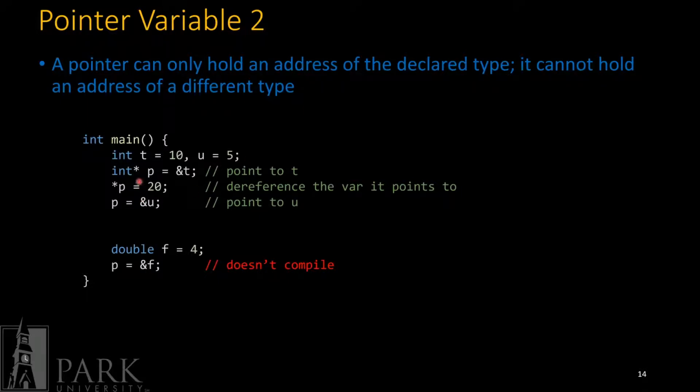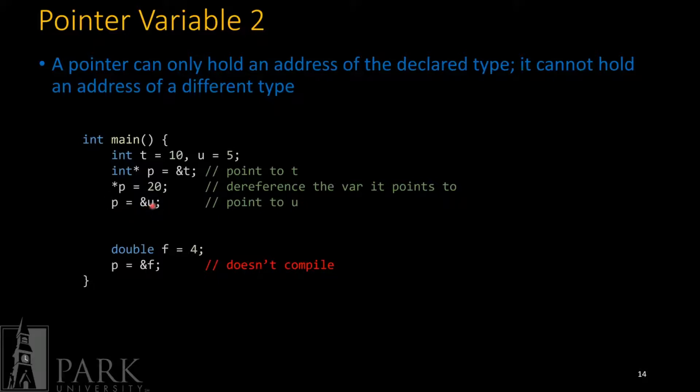In this case, this is the same code we had in the previous slide. This is fine, but here we're declaring a variable f that's a double. We cannot assign p to point to the address of f. And again, keep in mind, we are not dereferencing p here, so we are assigning it an address. Here we are dereferencing p, so we can actually assign it a value. So make sure you realize the difference.